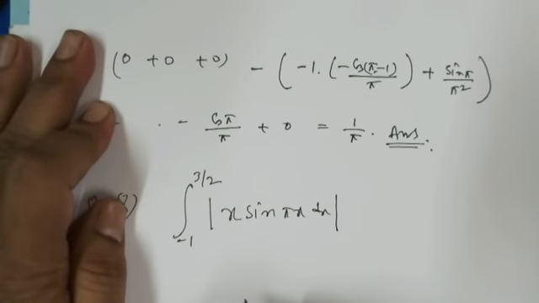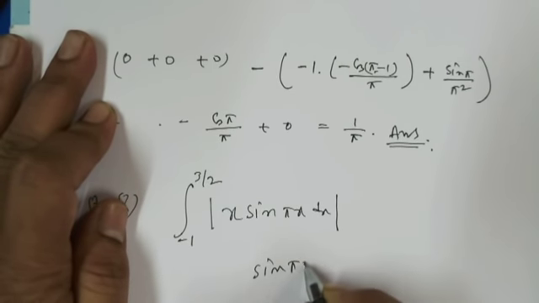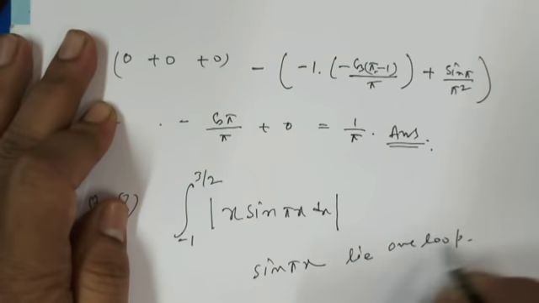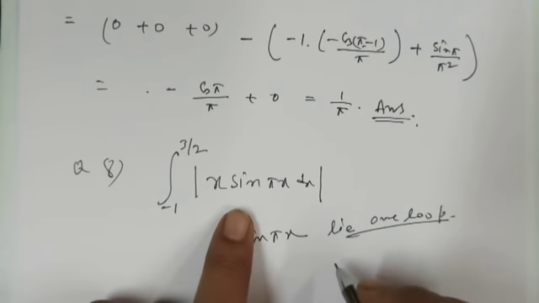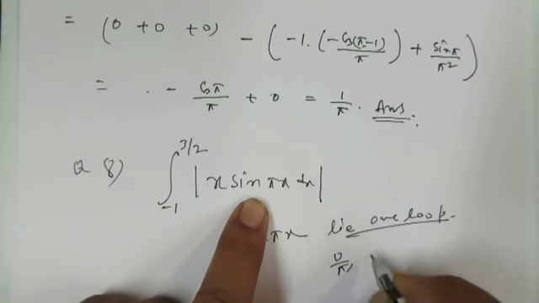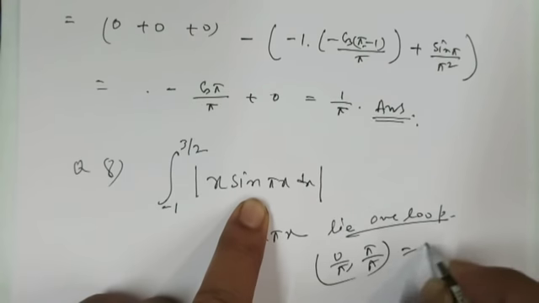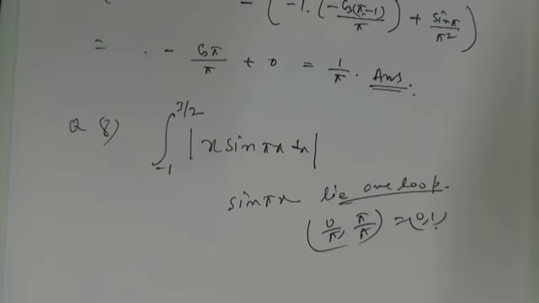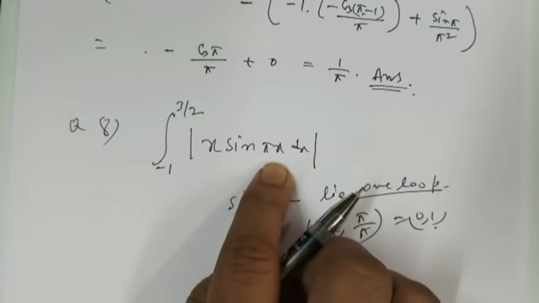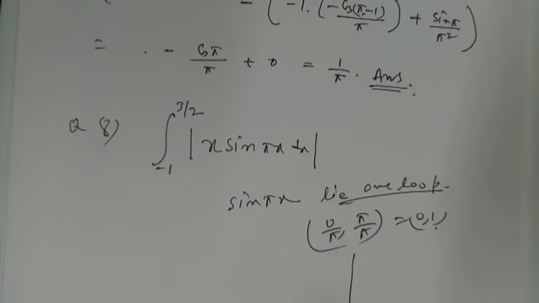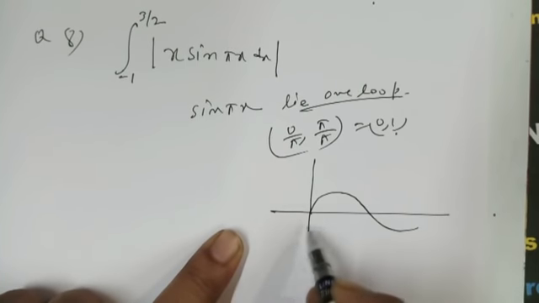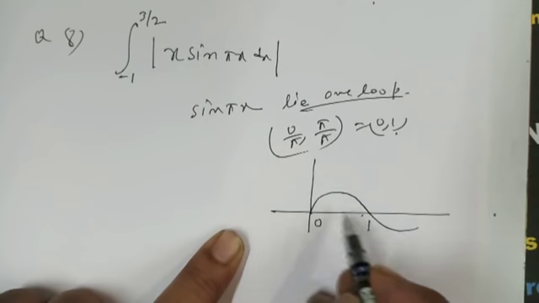It will also be done in the same way. One loop of sin pi x lies in the interval 0 to 1. This is the graph of sin pi x, so this is 0, this is 1, and in 0 to 1 there is one loop of sin pi x.